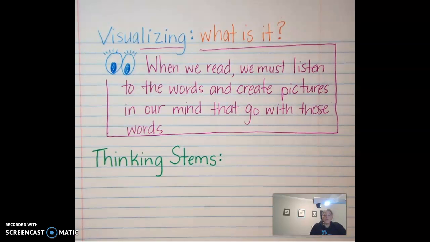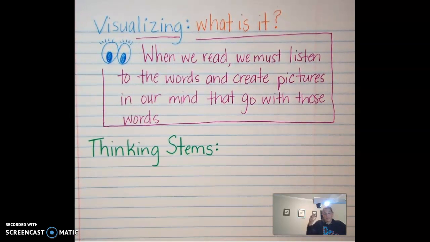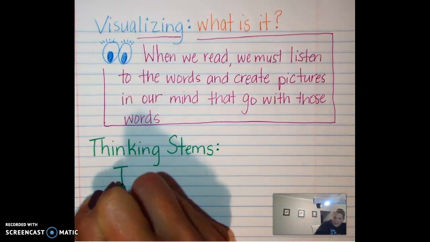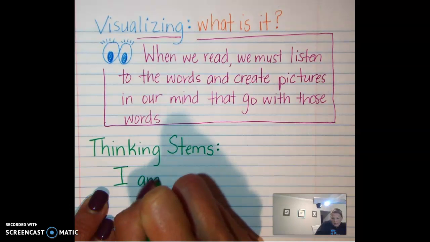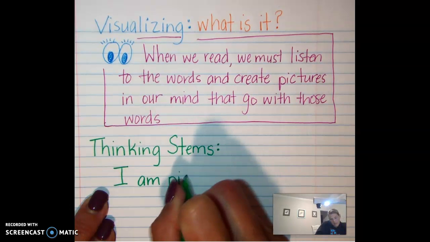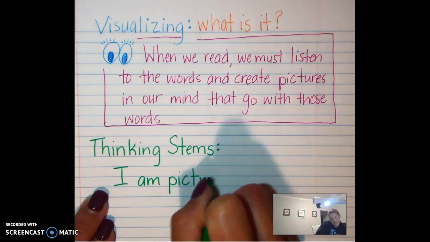I want you to kind of fill in the blanks with answers that go with the thinking stems from our story. So maybe I am picturing, and there's a good one for today for this.